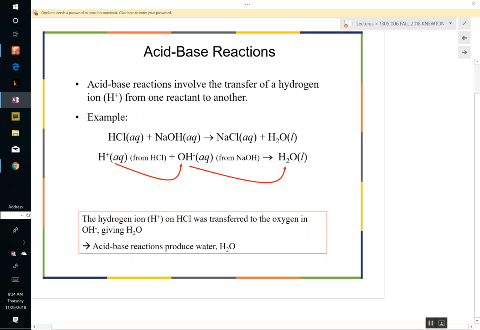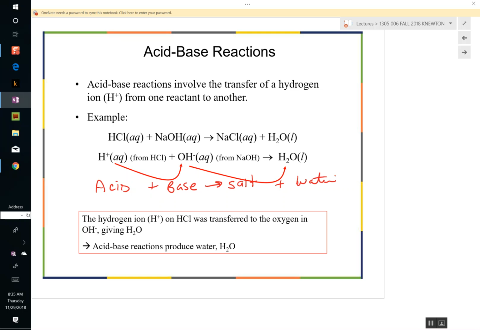Acid-base reactions. One thing I like all my students to learn is this general reaction: an acid plus a base forms a salt plus water. In this particular case, the salt happens to be NaCl, which is table salt. But it can be KCl, potassium chloride.